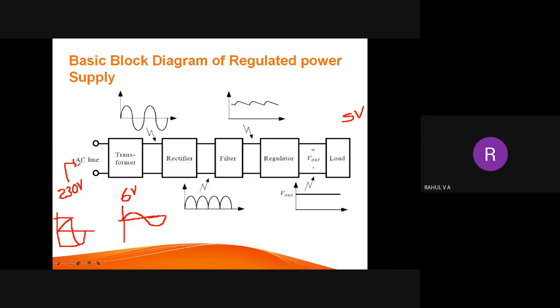What is the purpose of that transformer? It will step down the input voltage to a lower magnitude. Then we have a rectifier, which will convert the AC available at its input to a DC supply.